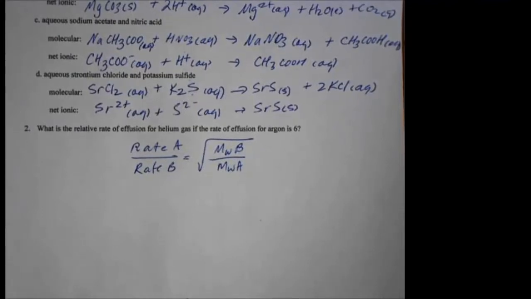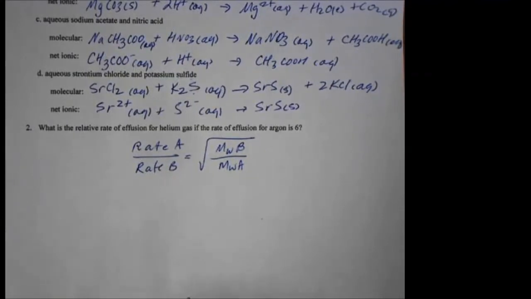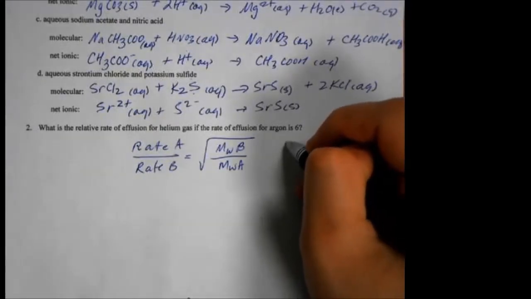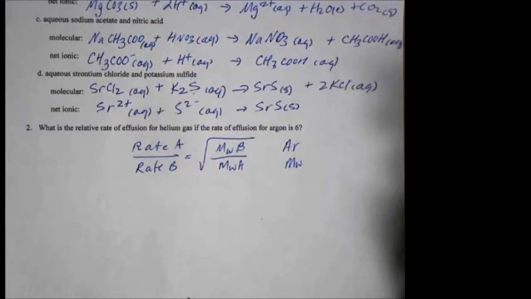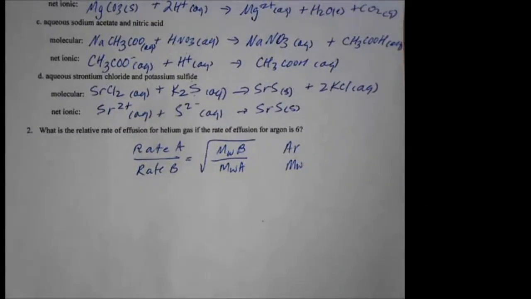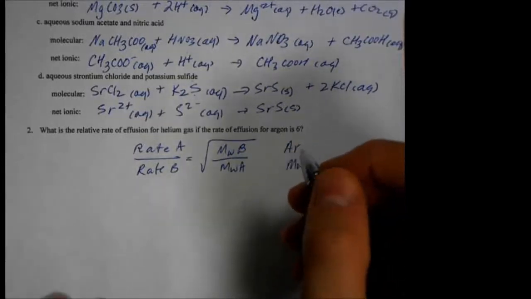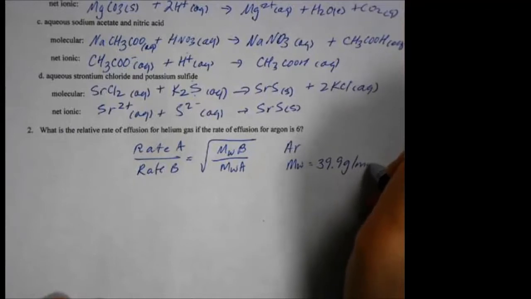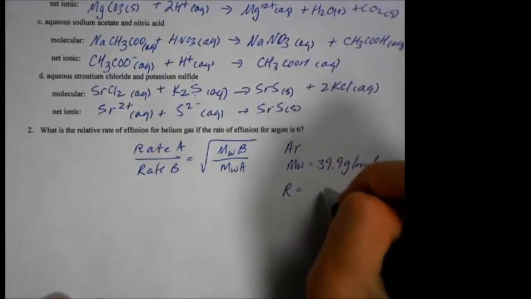So in this case, all we have to do is plug in to this equation, and we should be all set. We can set this up where we just write down our variables. So we have argon as 1, and I'm going to grab my periodic table. The molecular weight of argon is 39.9 grams per mole, and its rate is equal to 6.